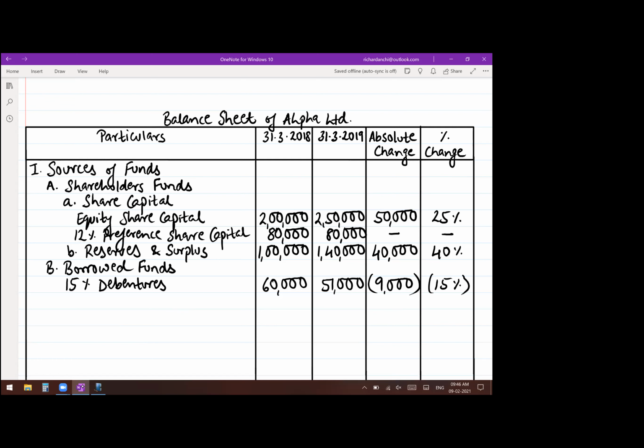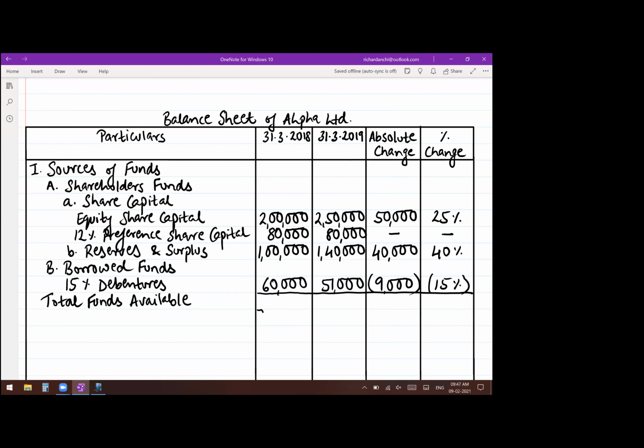Okay. Then if you have a look in the question, the next three items are all current liabilities which do not come on sources of funds side. So all your liabilities you have taken, take the total and call it total funds available. Firstly, 2018.